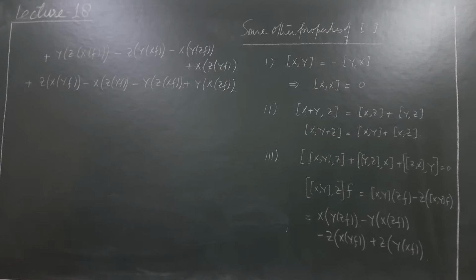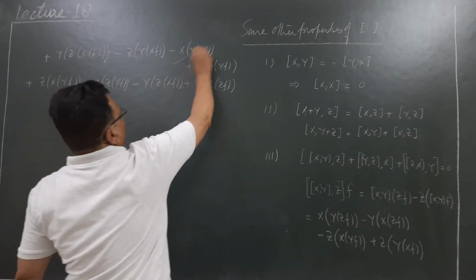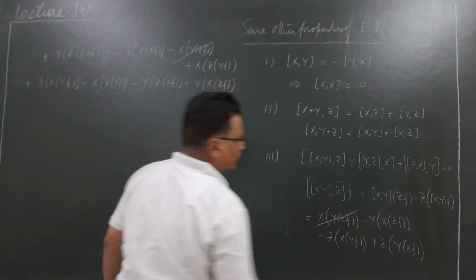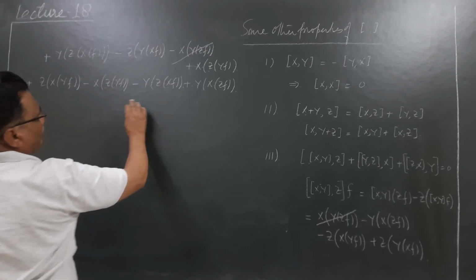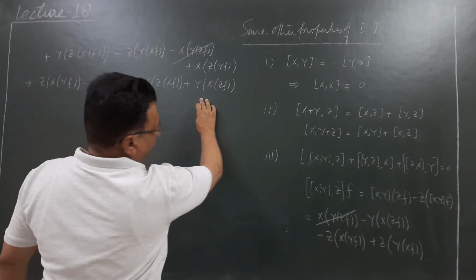X, Y, Z, F कहीं दिख रहा है? X, Y, Z, F, X, Y, Z, F. Y, X, Z, F है कहीं? Y, X, Z, F plus minus.